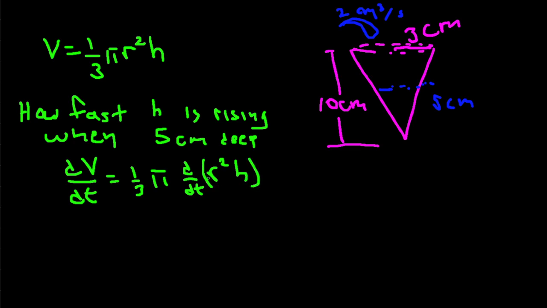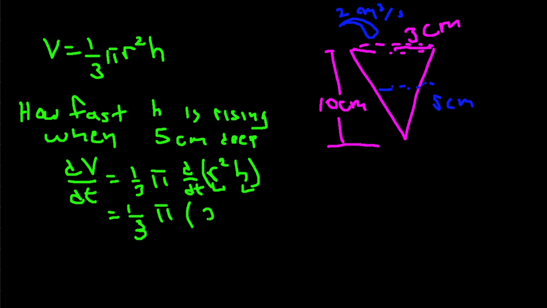Those two things are going to change, so we're going to need the product rule. We take the derivative of the first term times the second, plus the derivative of the second term times the first.